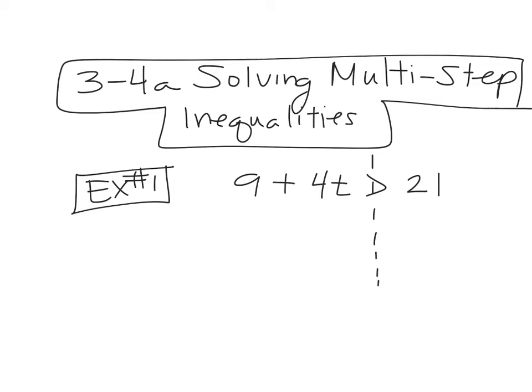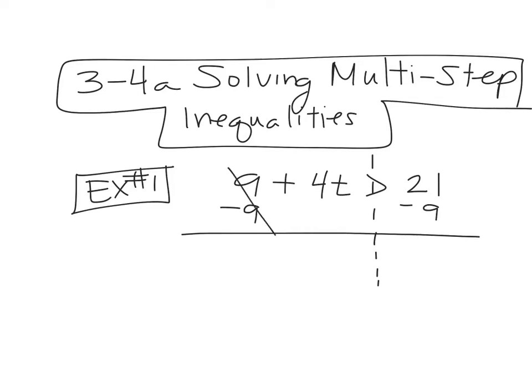Okay, so in this setup, 9 plus 4t is greater than 21. Do we add and subtract first, or do we multiply and divide first? You add and subtract first, right? It's reverse PEMDAS. So what do I add or subtract right now? You're going to take away the 9. So take away 9 from both sides.